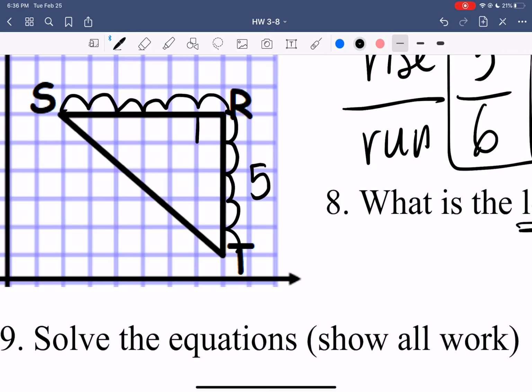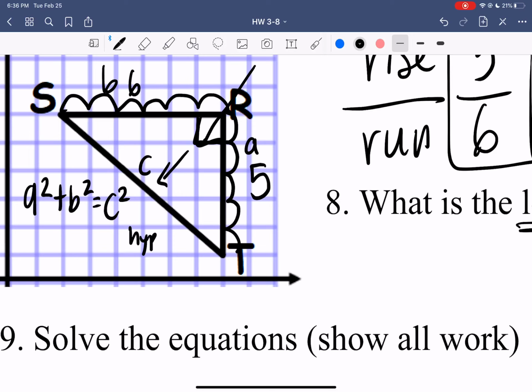Since we have a right triangle, we can use the Pythagorean theorem. So we have a squared plus b squared equals c squared. Knowing that our right angle points to C, this would be A, B, and C, or the hypotenuse, another word.